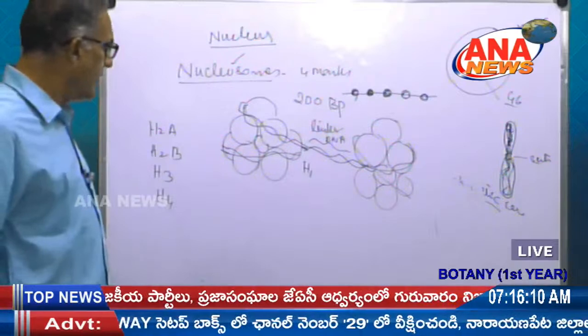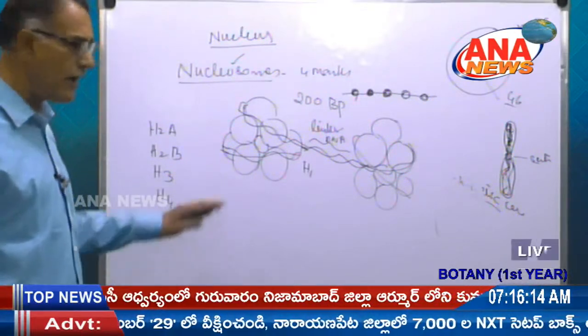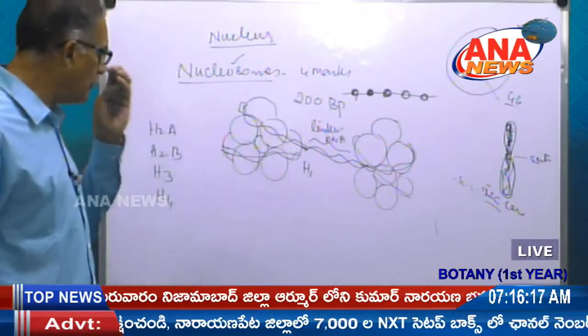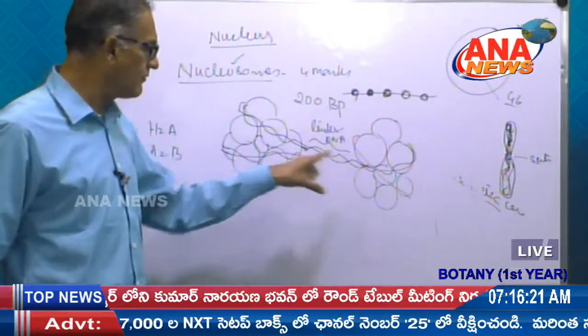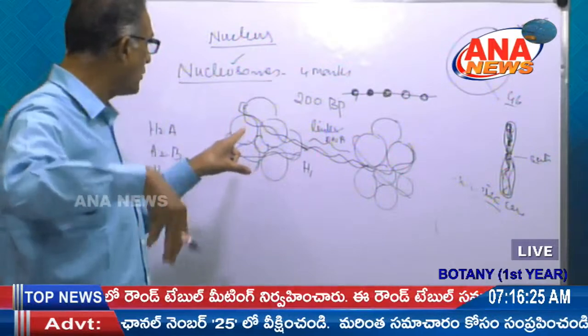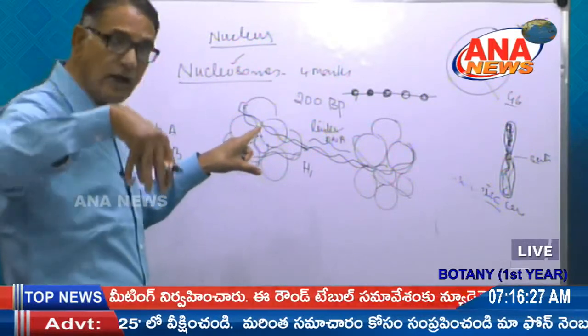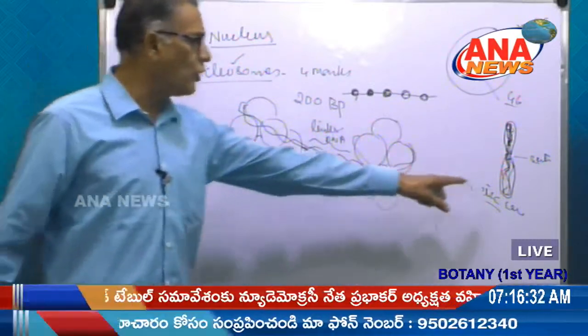Thus, the chromatin is coiled and condensed as nucleosomes in the nucleus, and further it is coiled and condensed to form a chromosome.